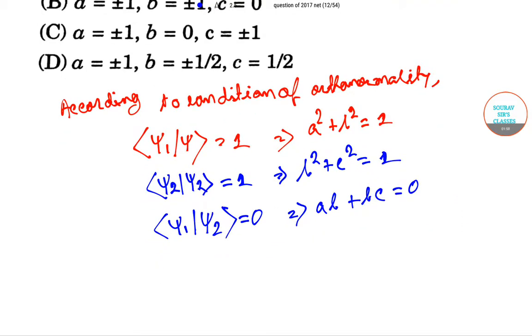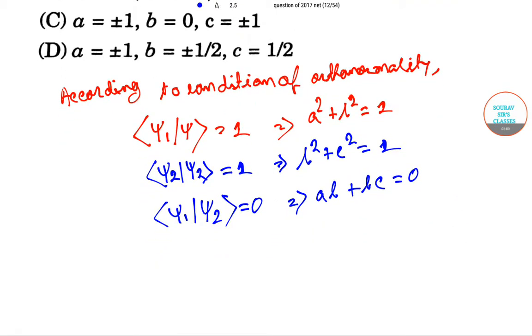So these conditions are satisfied for the value a equals plus minus 1, and here b equals 0, and for c equals plus minus 1.